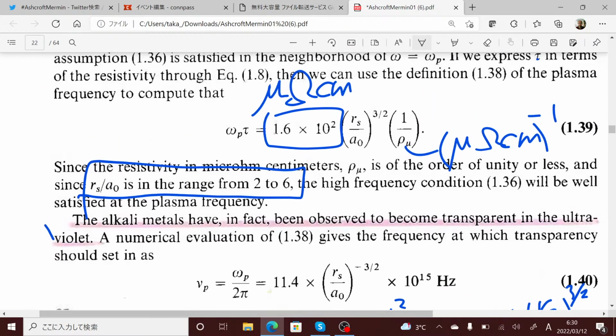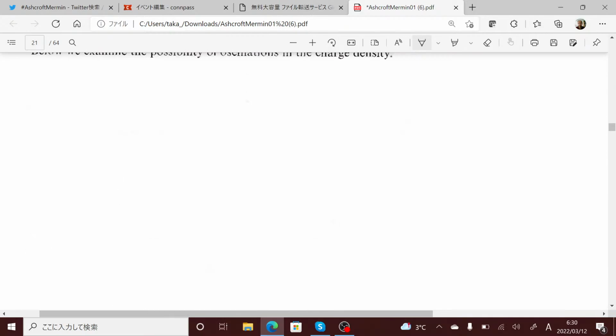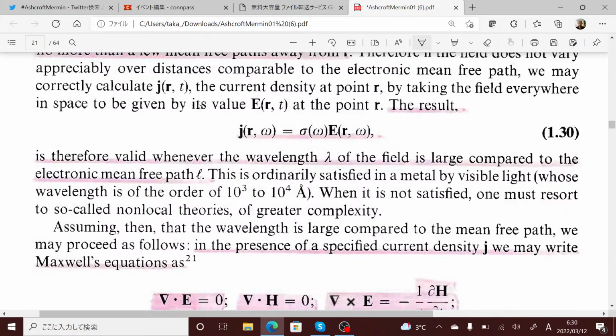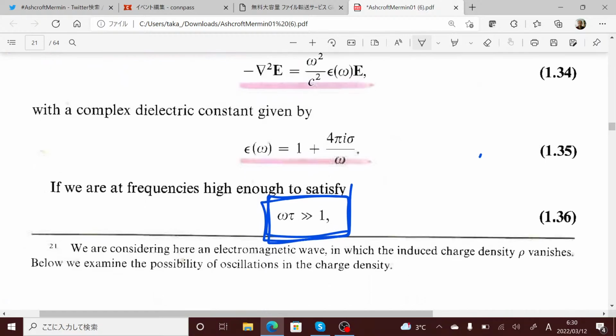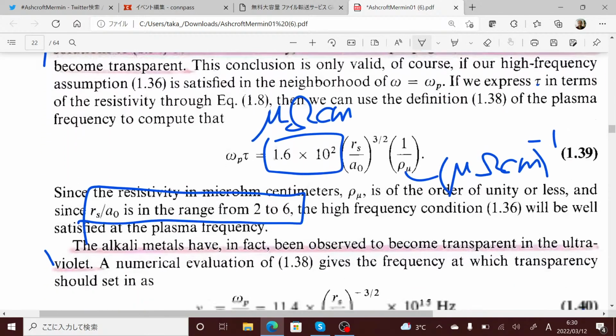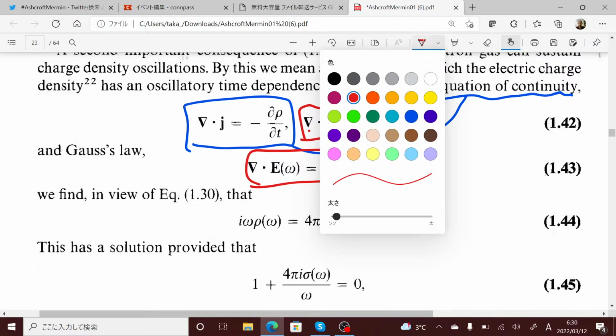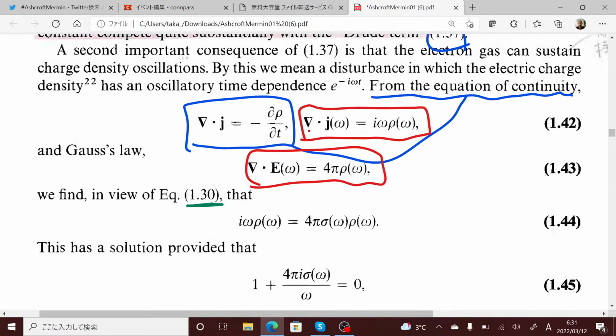let's go back to 1.30. j equals sigma E, j of omega equals sigma of omega E of omega.